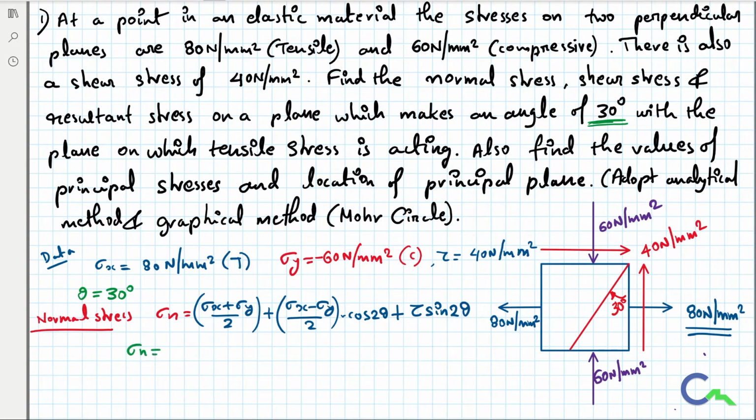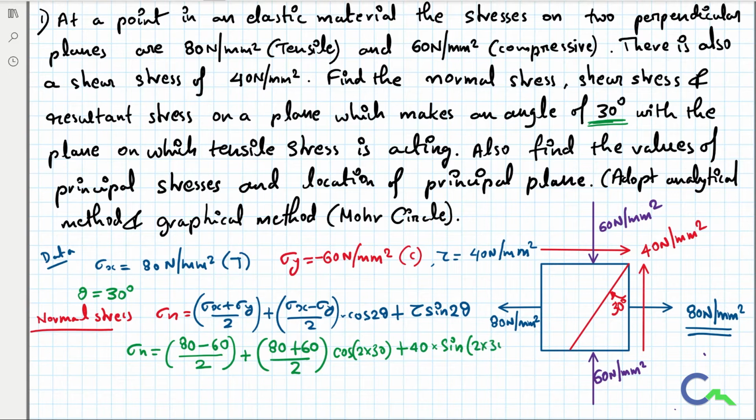So sigma n is equal to sigma x, that is 80, sigma y is minus 60, since it is compressive I have to take minus, divided by 2, plus sigma x is 80, minus of minus 60 will become plus 60, divided by 2 into cos 2 into 30, plus tau value is 40, so therefore 40 into sin 2 into 30.